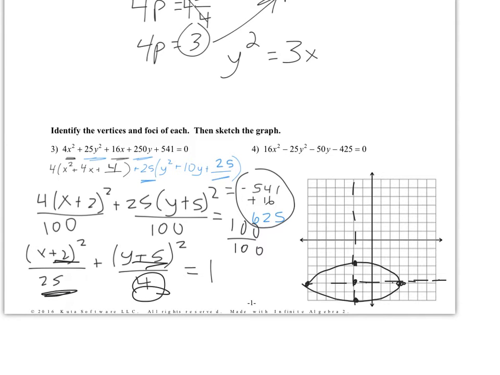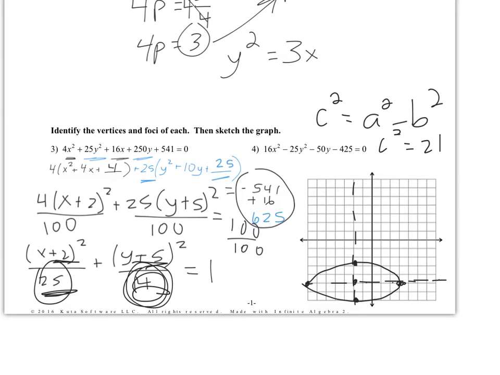The foci use the equation c squared equals a squared minus b squared, where a squared is 25 here and b squared is 4 here. 25 minus 4 is 21. So c squared equals 21, which means c is the square root of 21, which is in between 4 and 5.